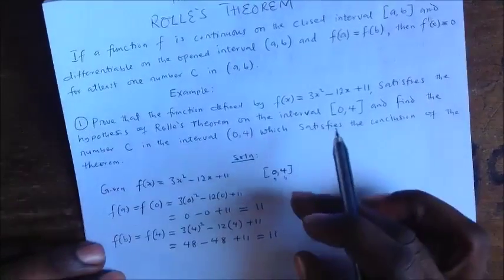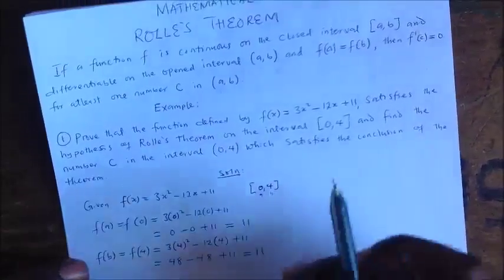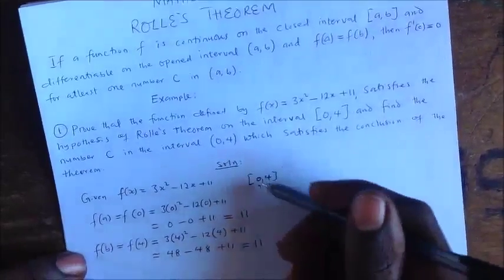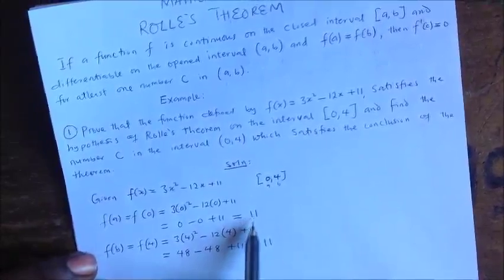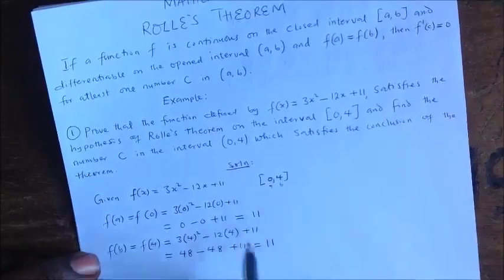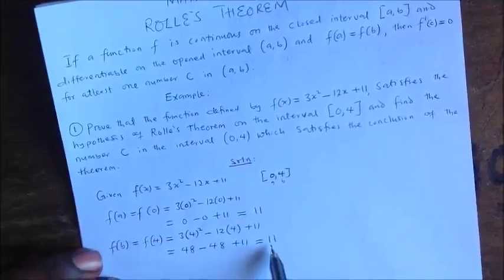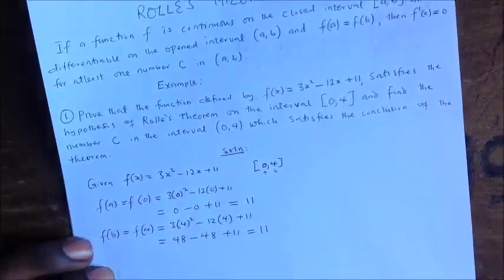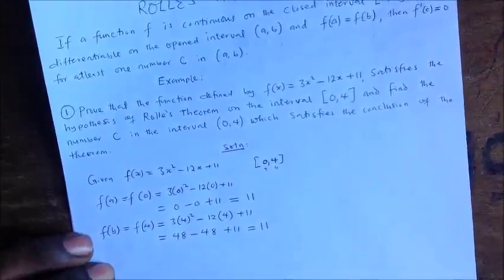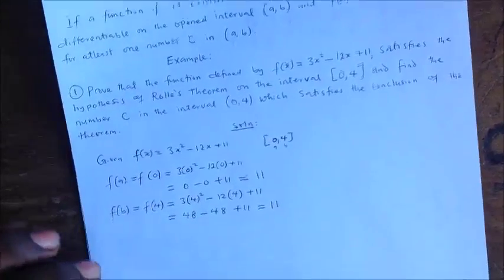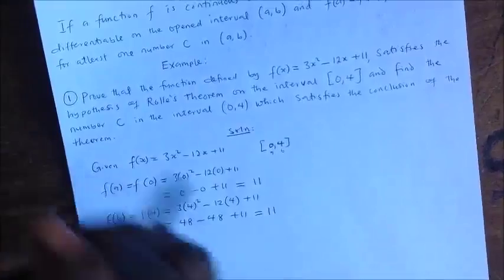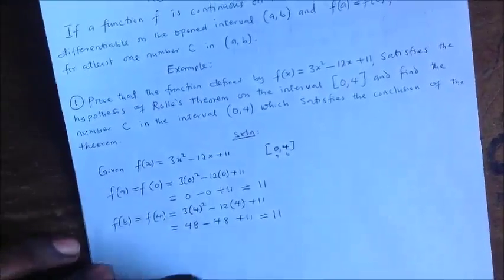So the function is continuous on this interval [0, 4], because f of a is 11, not divided by 0, and f of b is still 11, not divided by 0. So the function is continuous. To see if the function satisfies the second condition, which says that the function must be differentiable on the open interval, let's differentiate the function and see.